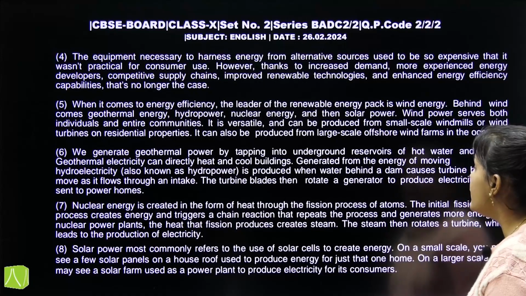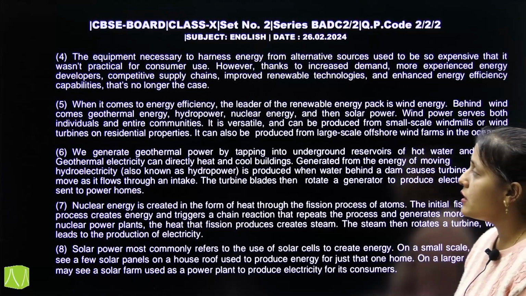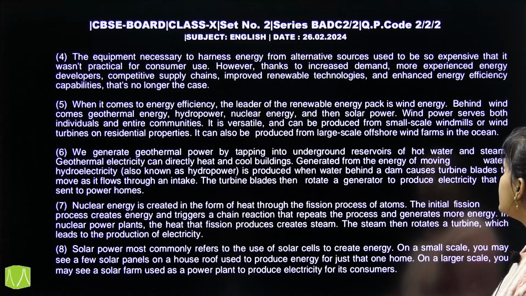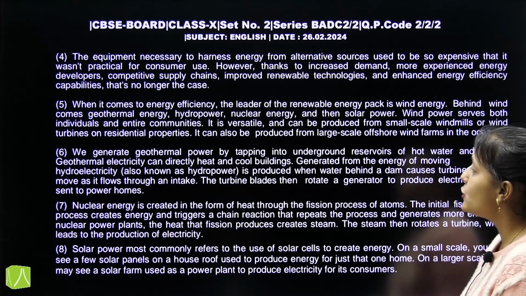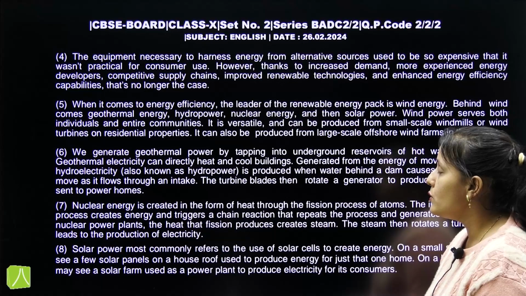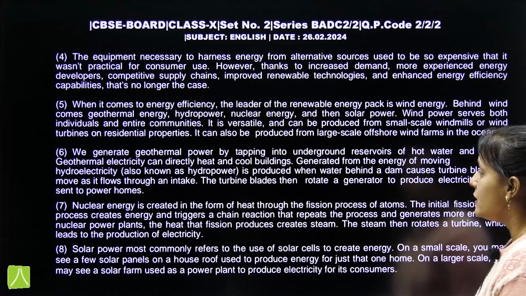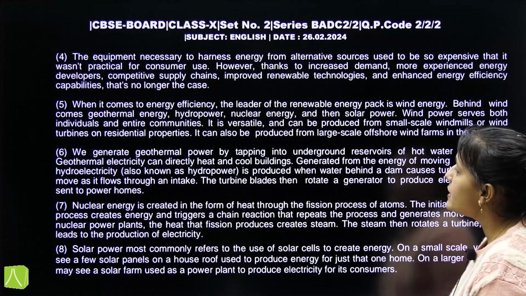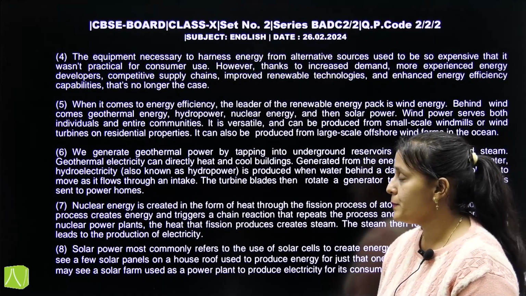Generated from the energy of moving water, hydroelectricity is produced when water behind a dam causes turbine blades to move as it flows through an intake. The turbine blades then rotate a generator to produce electricity that is sent to powerhouses.